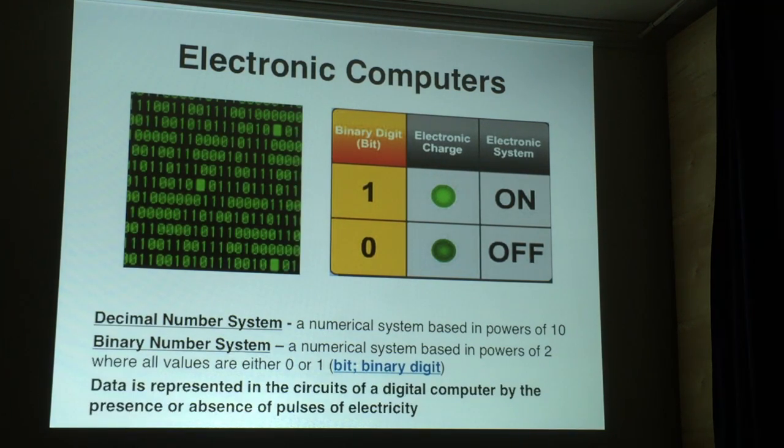And so data can be represented in circuits on digital computers by either the presence or the absence of pulses of electricity. If the value is 0, the electronic system is off and the charge is off. If the value is 1, then the electronic system is on. And so in this way, you can translate a numerical value into an electrical impulse.